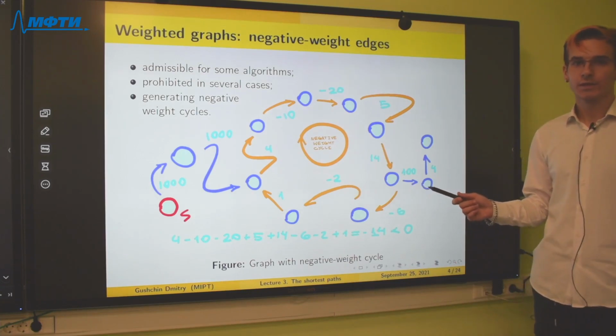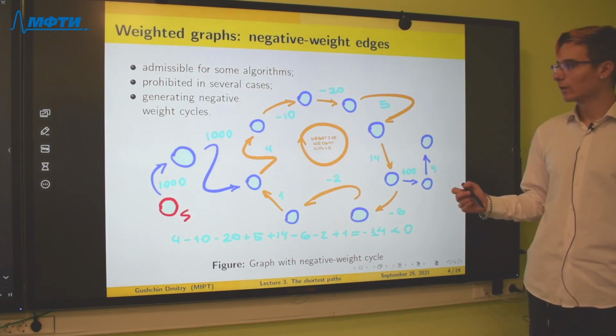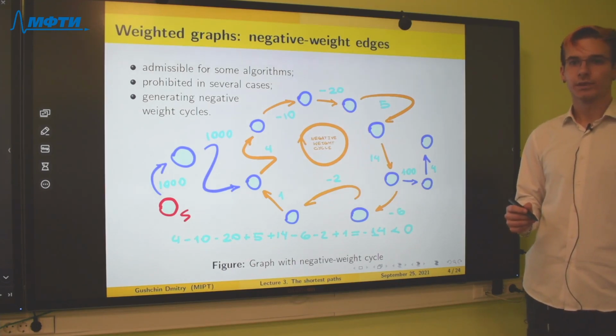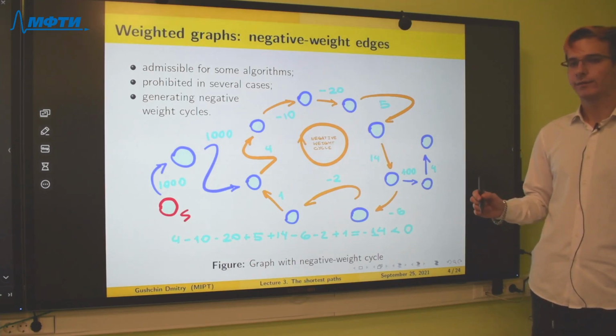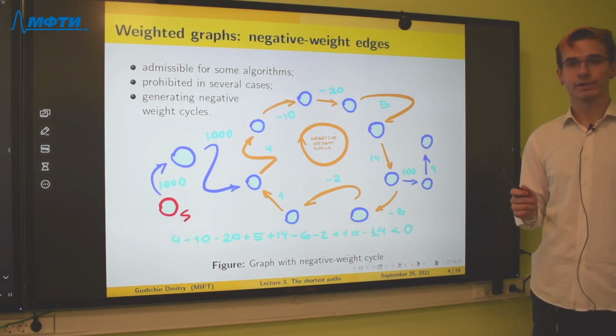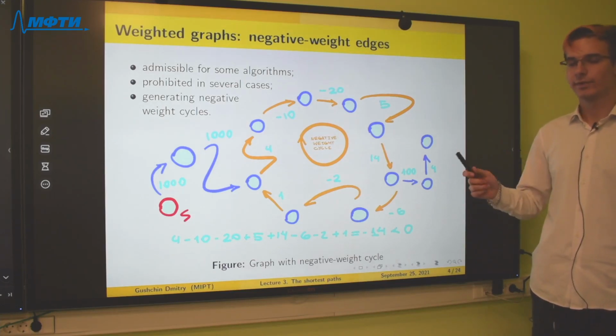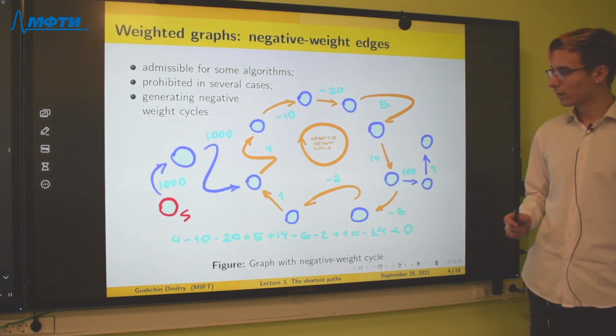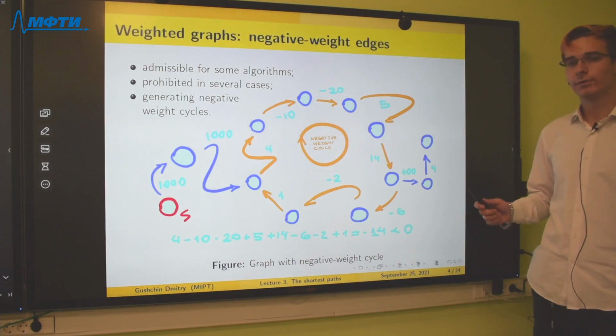In the common way, we need to understand whether we have a negative weight cycle in our graph or not, and if we have none, we can solve this problem.